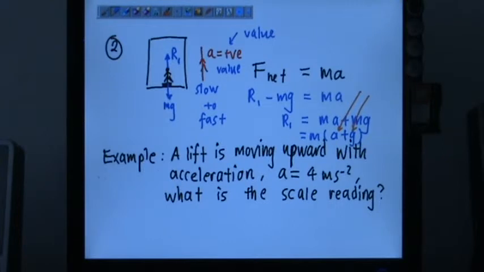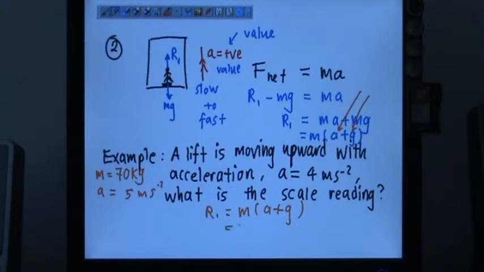For example, let's say again the person is 70 kg, and the acceleration going up is 5 meters per second squared. So we do this again. F net equals ma, R1 minus mg equals ma. So R1 equals m times a plus g.